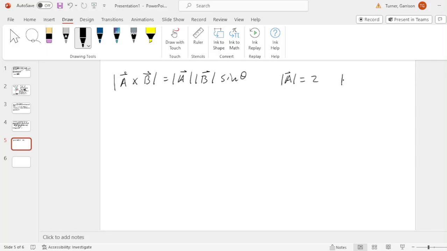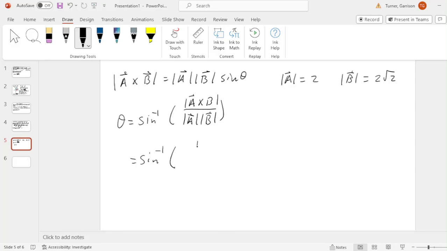Magnitude A was 2, magnitude B was 2 root 2, and the magnitude of A cross B we said is 4, and so theta can also be computed as the sine inverse of the magnitude of A cross B divided by magnitude A times magnitude B, and in our case this is the sine inverse of 4 over 2 times 2 root 2, which again becomes the sine inverse of 1 over root 2.